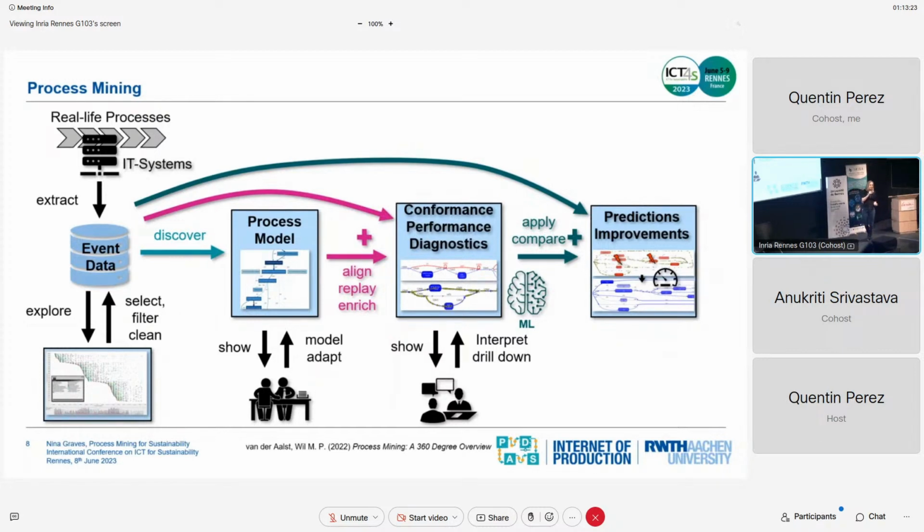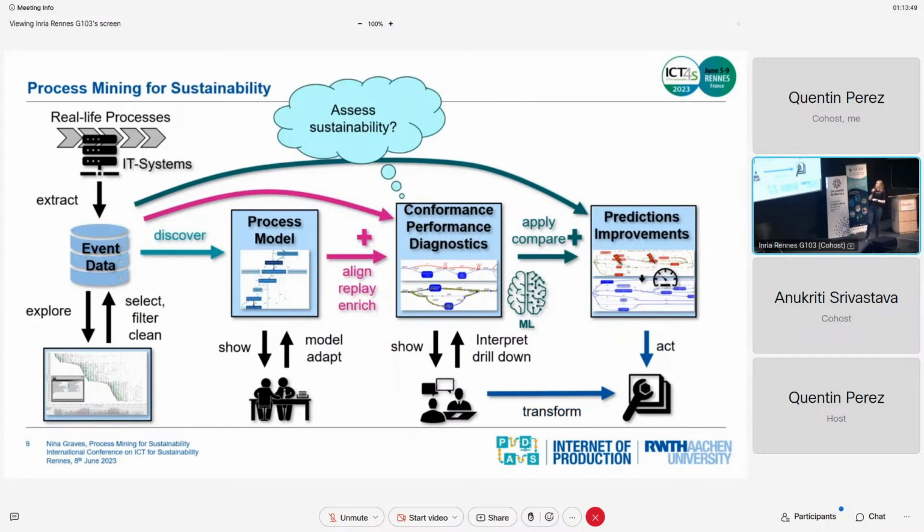We can compare different processes that have the same outcome, but what is the difference in their activities, in how they are being performed? And of course we take all of this information and we want to act based on that.